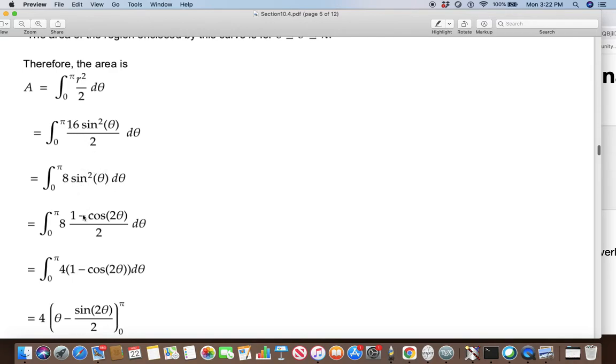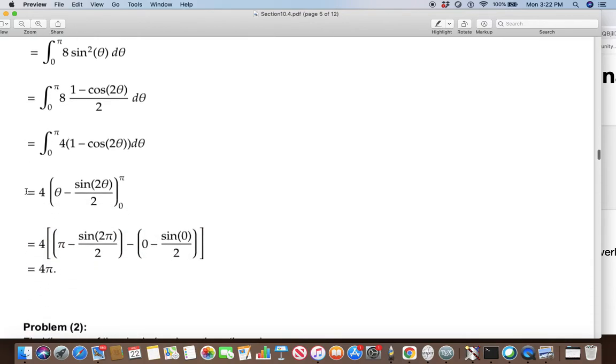Sine squared by trigonometric identity is 1 minus cosine 2 theta over 2. That 2 reduces the 8, gives you a 4. Get the 4 outside, take the integral of 1, that's theta, integral of cosine is sine, with 2 theta gives me a 2 in the denominator.